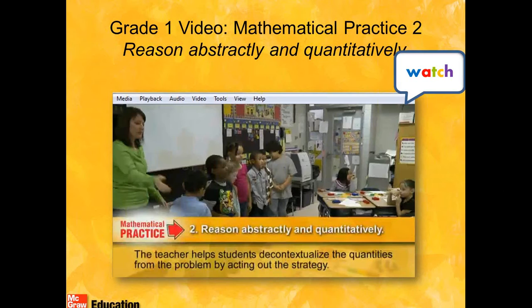Watch how she first decontextualizes the problem to help the students identify what it is they are looking for. Identifying what operation they are looking to perform, she then moves them to thinking about the numbers in the problem. And at the end of this short clip, you'll see how she directs them back to putting the problem in context by writing a numeric statement of the problem. Let's see this short clip.